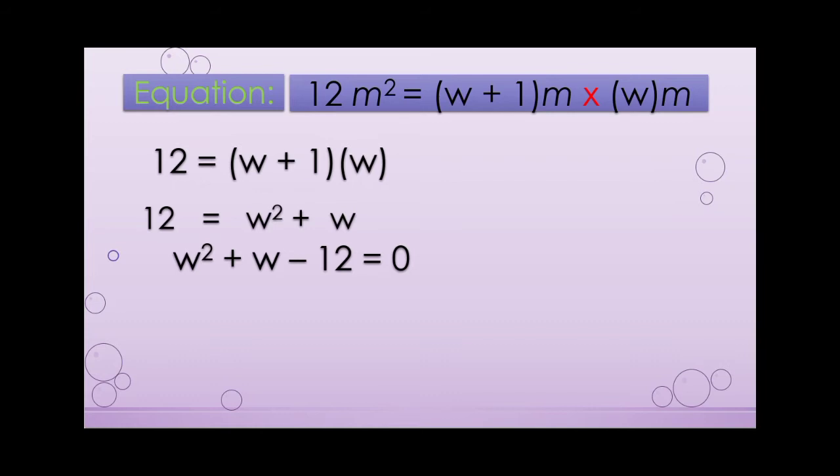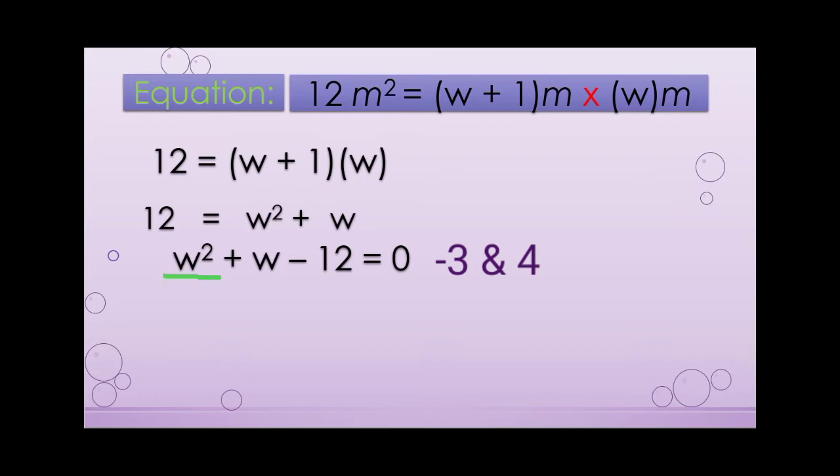Then, to get the roots of this equation, let us use factoring. So, what are the factors of negative 12 whose sum is positive 1? We have negative 3 and positive 4. Then let us add these factors to the factors of W squared.